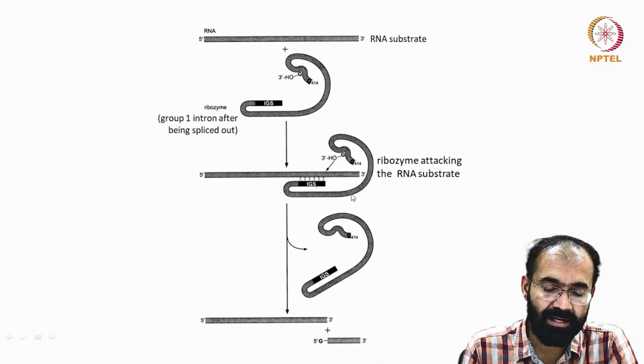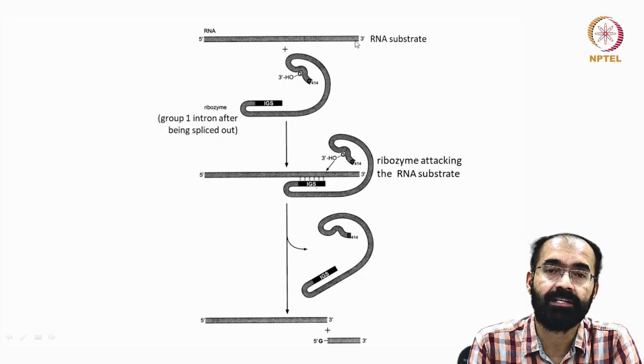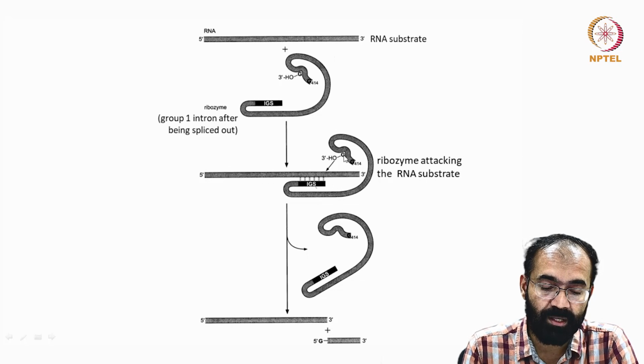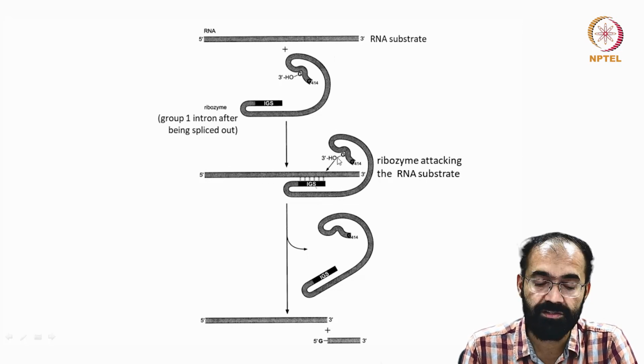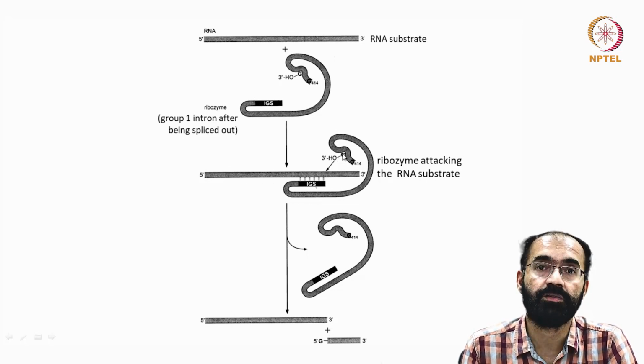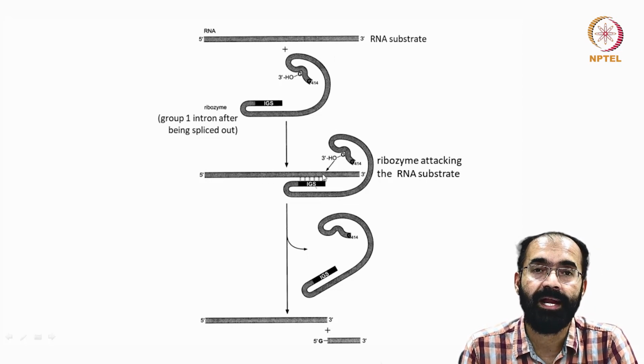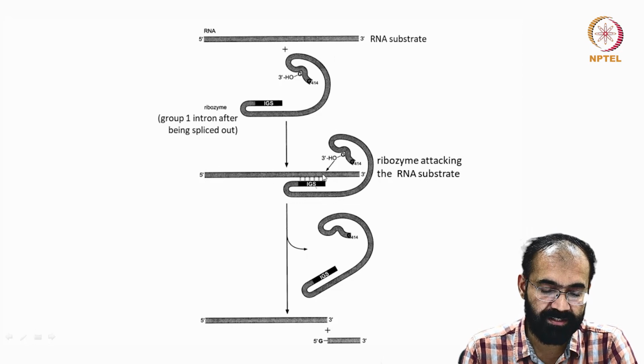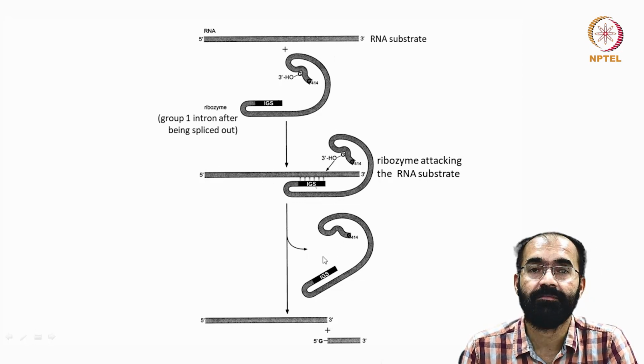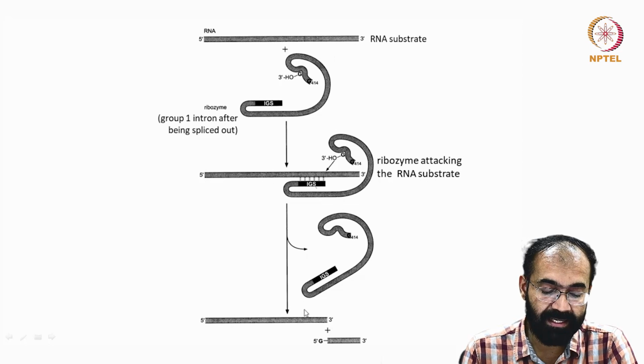As a result, the RNA substrate gets cleaved, because this 3' OH of the external guanosine can attack the substrate RNA, breaking this RNA into 2 pieces. Now this group 1 intron ribozyme will be released and you end up getting 2 pieces of the substrate RNA.